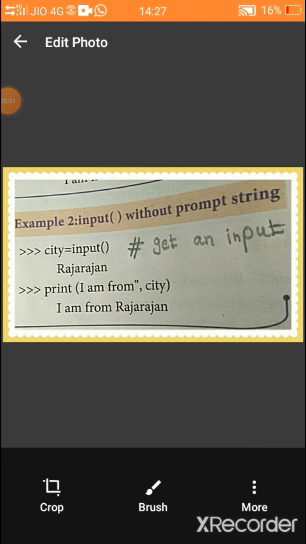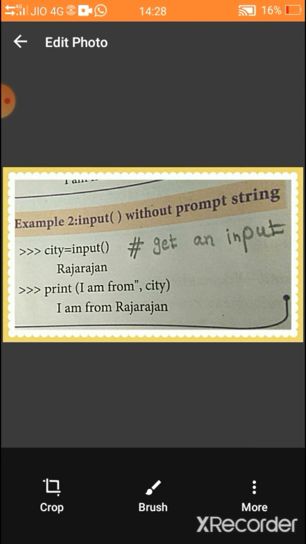Look at the example for a comment. city equal to the input function. So city is the name of a variable. Through this input function, we are going to get input for the variable city. We give a hash symbol and write get an input. So it is a comment. It does not print. It tells the user that we are going to get an input.